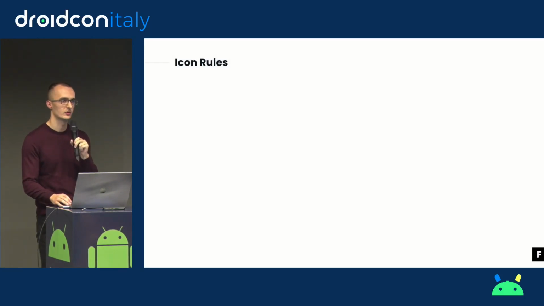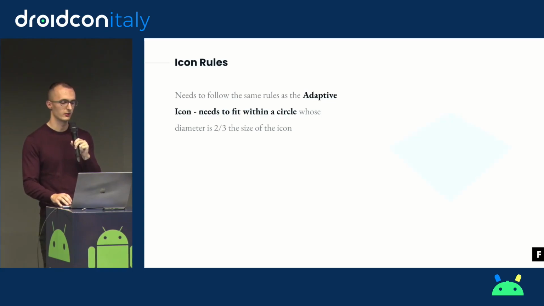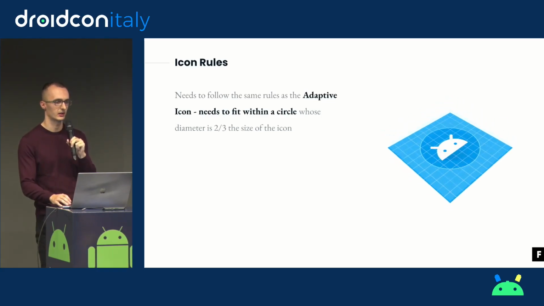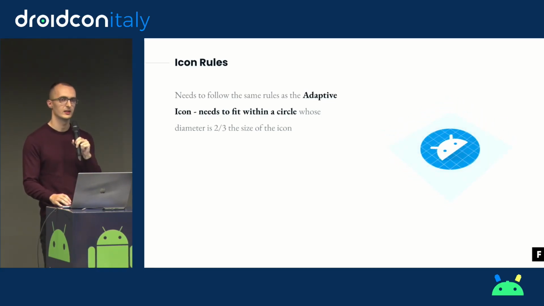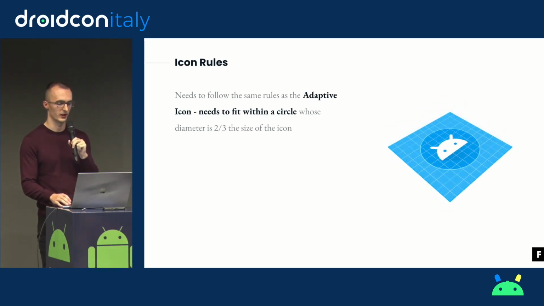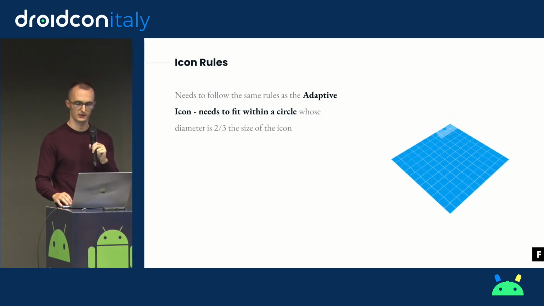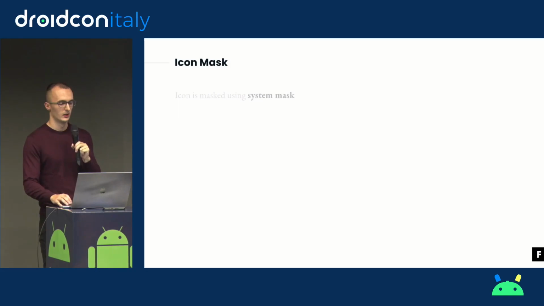However, there are some rules that our custom icon needs to follow. The splash screen icon needs to follow the same rules as the adaptive icon. This means that the icon needs to fit within a circle whose diameter is 2/3 of the size of the icon, so 1/3 of the icon size is reserved for the mask. The icon is masked using the system mask.